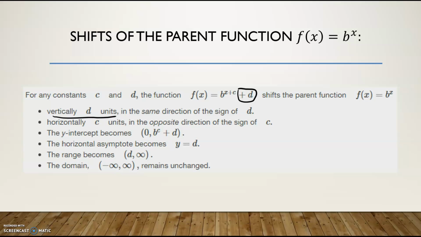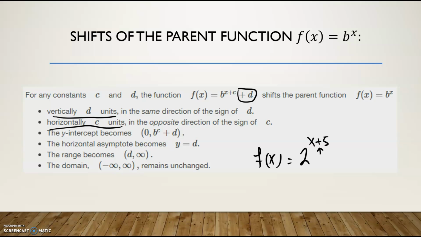If it's positive, it'll move the graph up. The c will move it horizontally in the opposite direction of the sign. So remember, if we had, let's say, 2 raised to x minus 5, then because of this minus sign, we're actually going to go to the right 5 units. If it was a plus sign, we'd be going to the left 5 units.